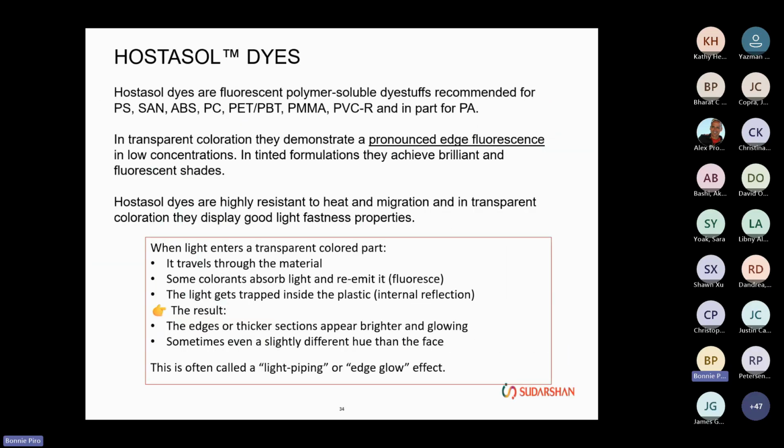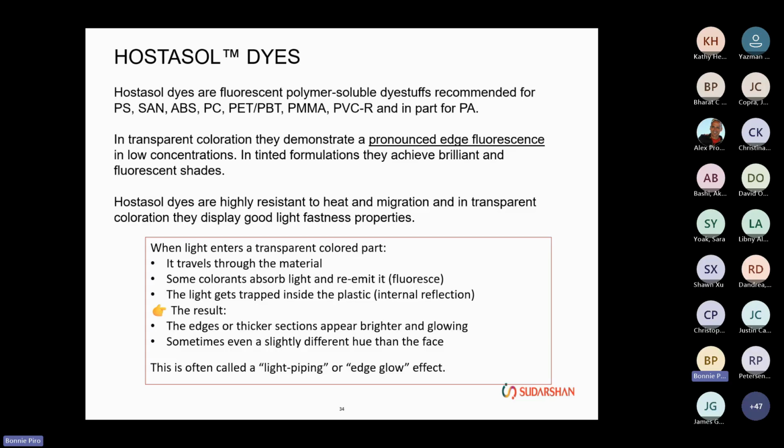Pastasol, that's another brand in the solvent dye area. They have a fairly unique perspective to the solvent dyes in that they provide an edge fluorescence, and what that allows is that at the edges, where it tends to be a little bit thicker from a polymer perspective, it glows.